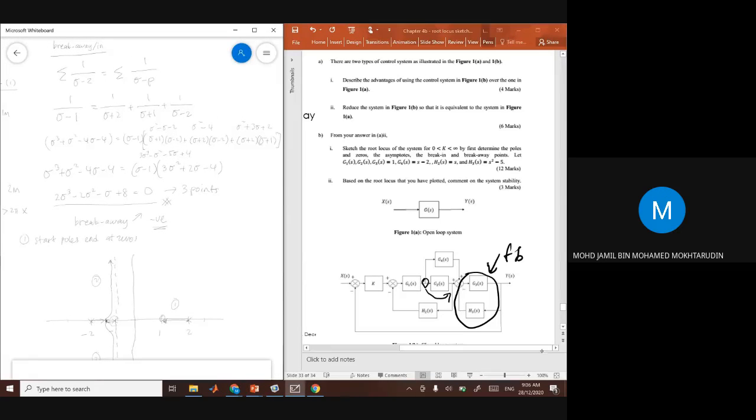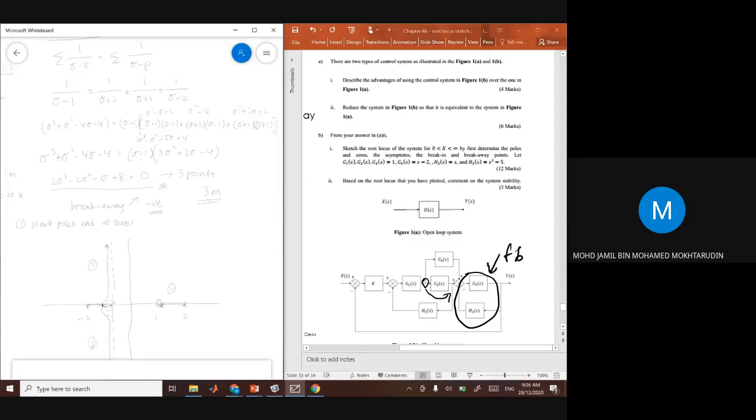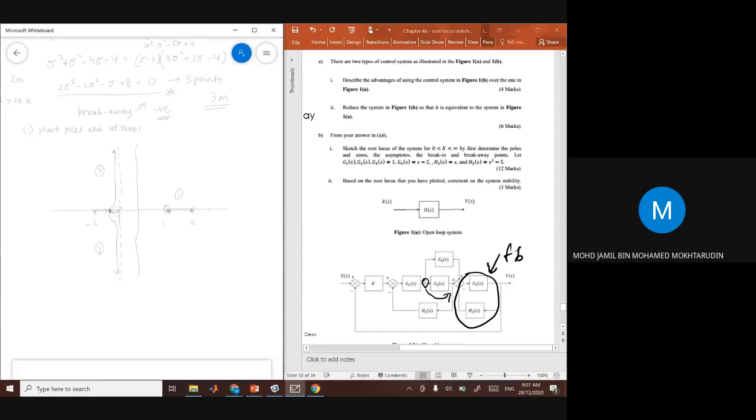And then you get 3 marks here for breakaway and break-in point. And then for the sketch, if you have the poles and zero plotted on the S-plane, you get 1 mark for plot pole and zero.